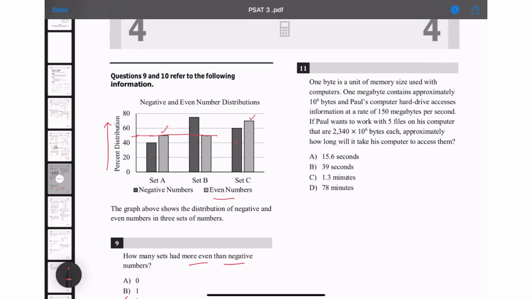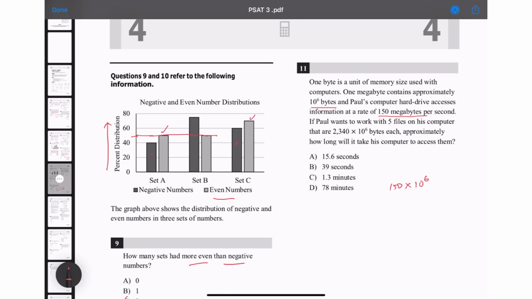1 byte is a memory unit used with computers. 1 megabyte contains 10 to the power 6 bytes. Paul's computer reads the hard disk at a rate of 150 megabytes per second, meaning 150 times 10 to the power 6 bytes.